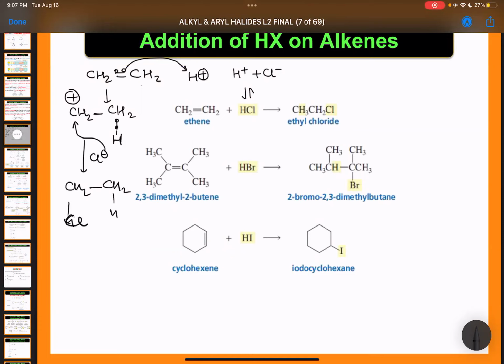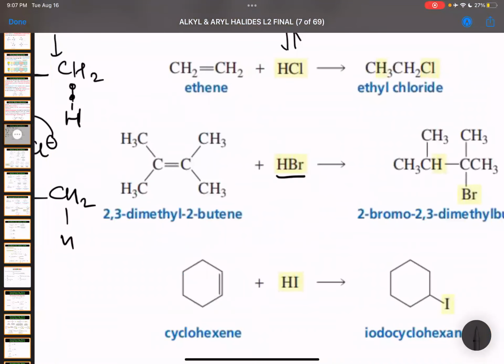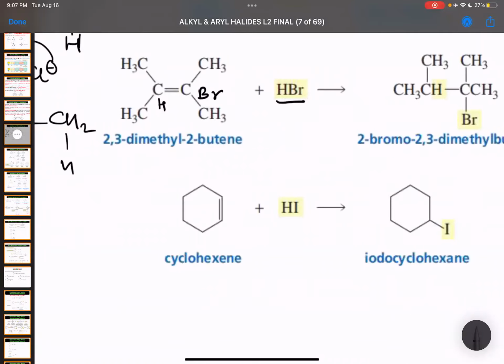So two things are getting added to the double bond, and this is electrophilic addition reaction. So here you can see this is addition of HBr. You have at one position H and another position Br added. This is addition of HI. The H is not represented in bond line representation.